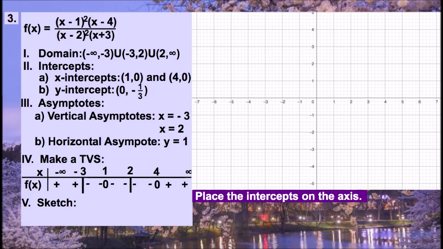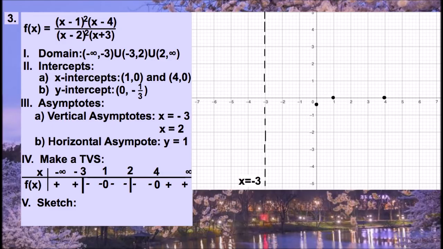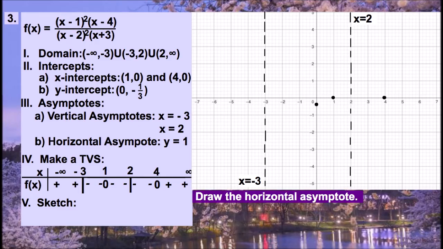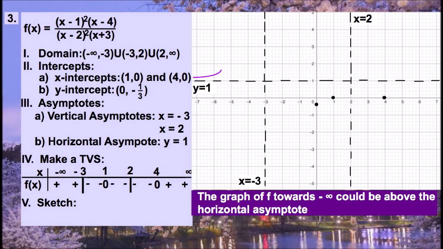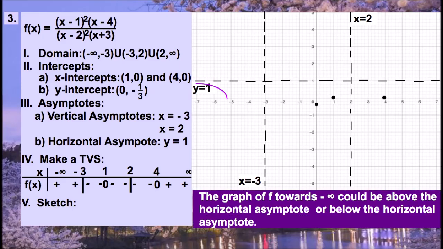Place the intercepts on the axis. Draw the vertical asymptotes. Draw the horizontal asymptotes. The graph of f towards negative infinity could be above the horizontal asymptote or below.